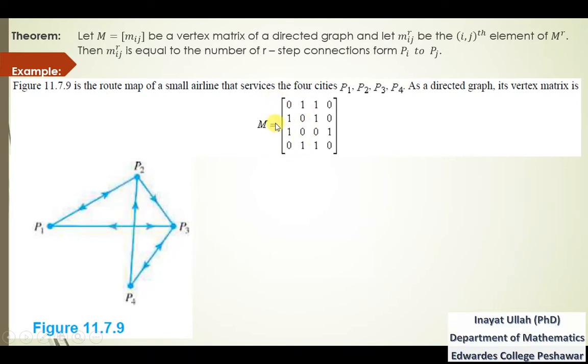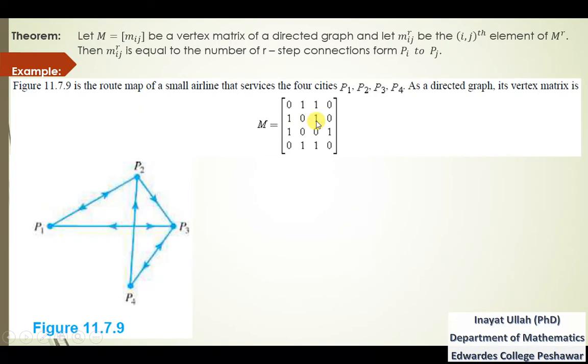I think you can understand this matrix, how we can find it from this graph. This is the connection between P1 and P1, so that is 0. That is the edge between P1 and P2. That is the edge between P1 and P3, and that is the edge between P1 and P4. Now for P2, from P2 to P1 there is an edge. From P2 to P2 is missing.